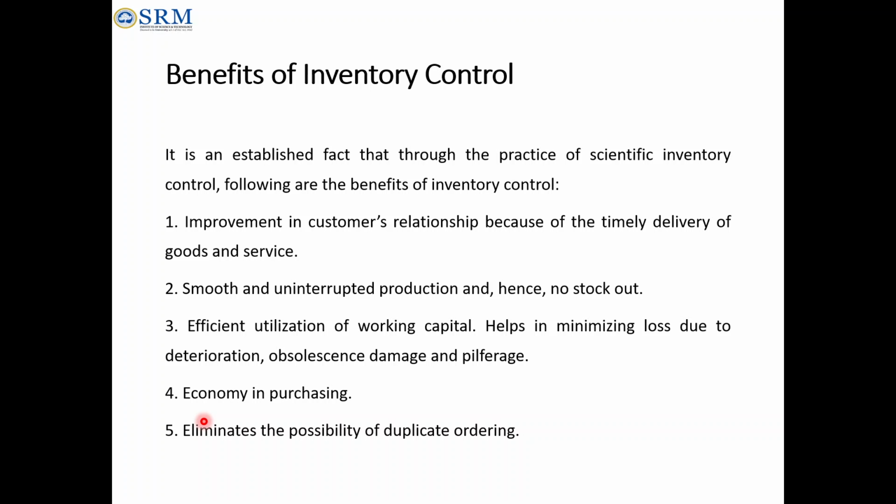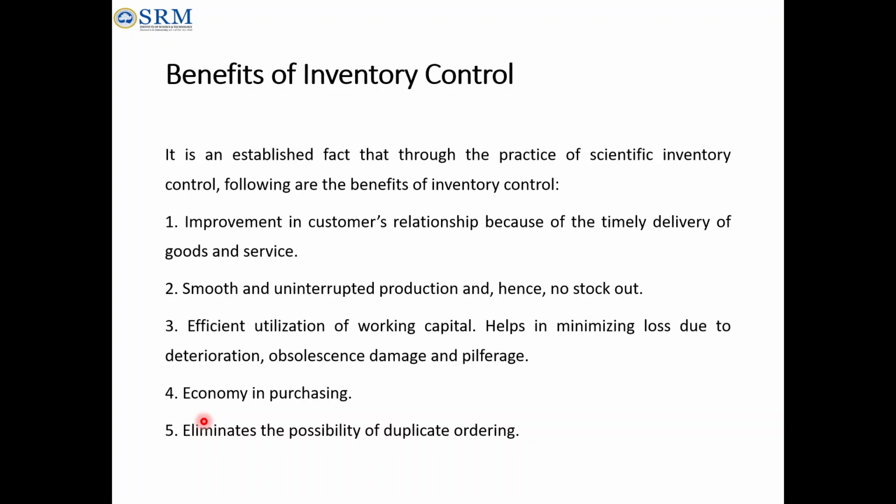Sometimes it may happen that we already have some material with us. Sometimes a company may order again and again without knowing whether the components or parts are already with them, because no proper record is there.